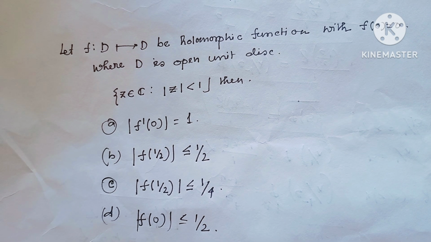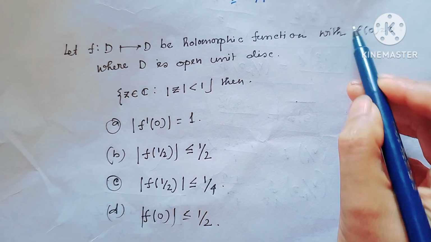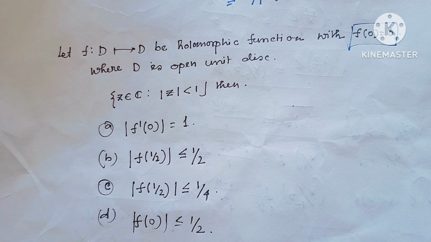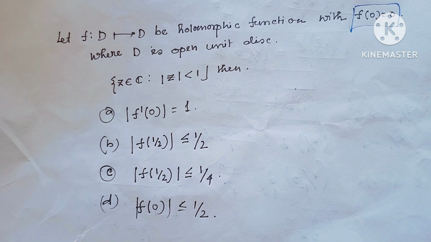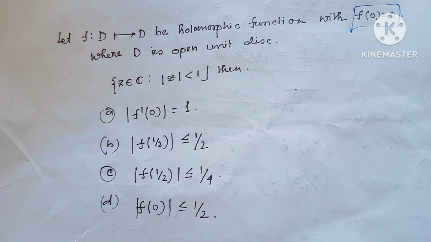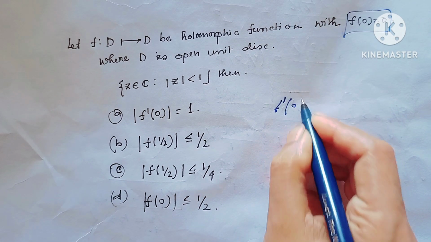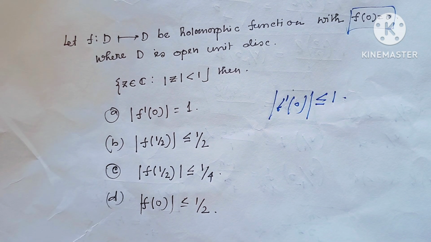Here f is defined from the disc to the disc with the condition f(0) = 0. Then option A implies |f'(0)| = 1. By Schwarz Lemma, |f'(0)| is ≤ 1.